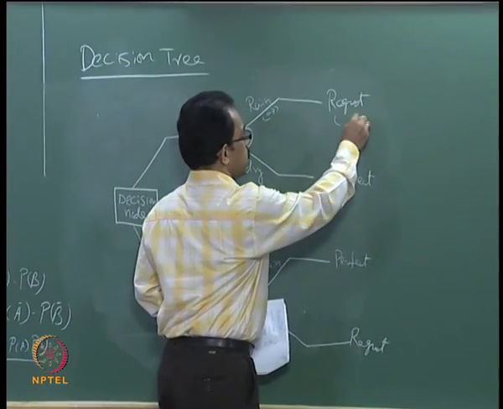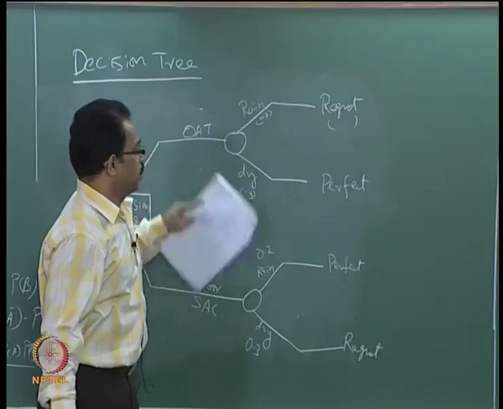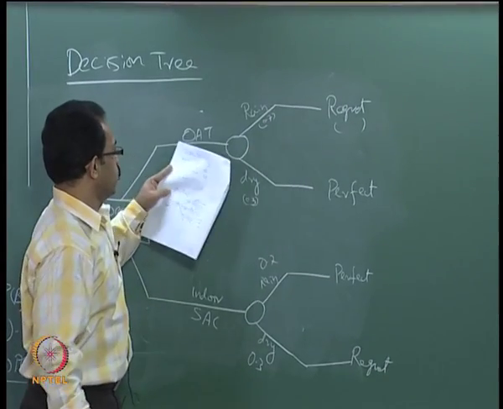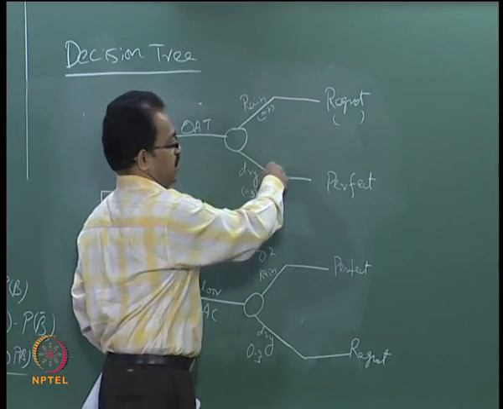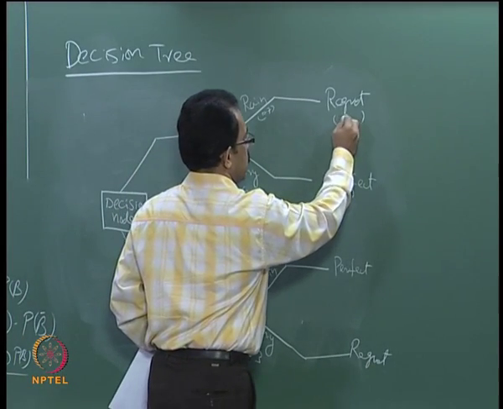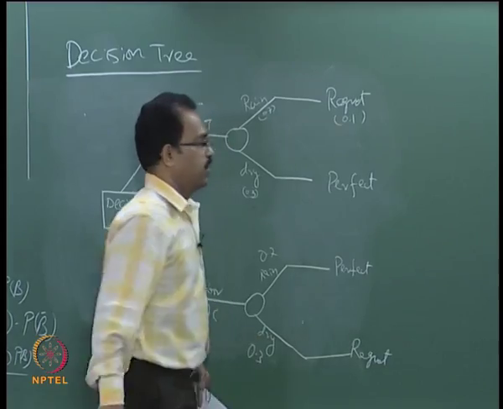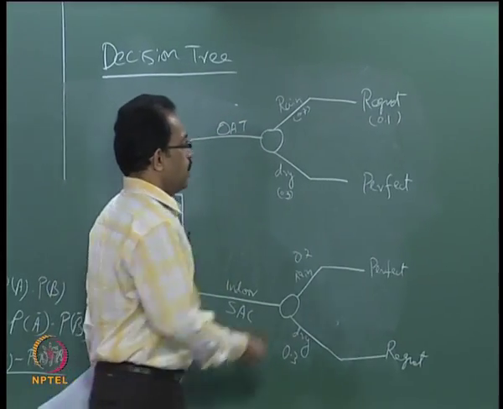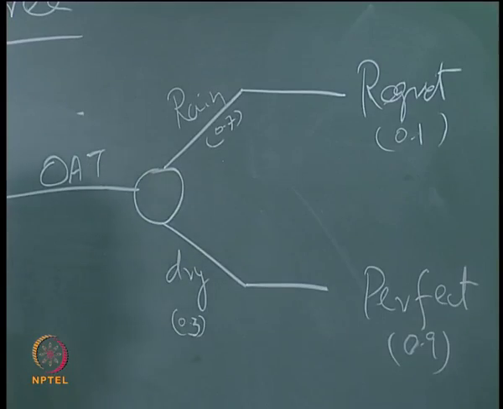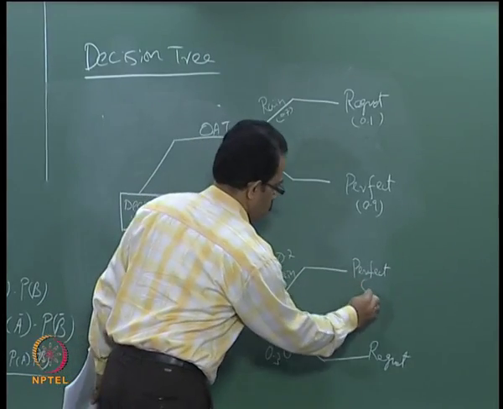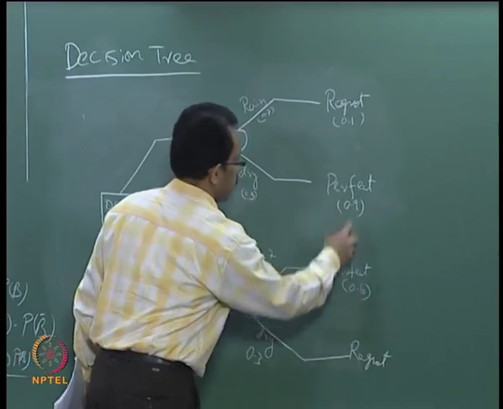So regret, maybe a disaster here if it is in the open air theatre and it rains. You can give the value as 0.1, that is a very low utility, and this will be 0.9 where you have the best performance, and this will be perfect of course, but not as good as this one.